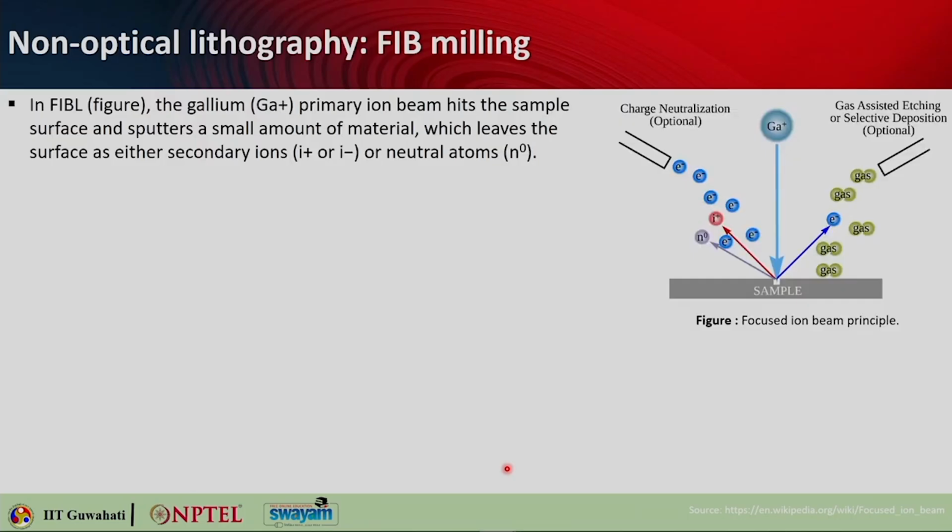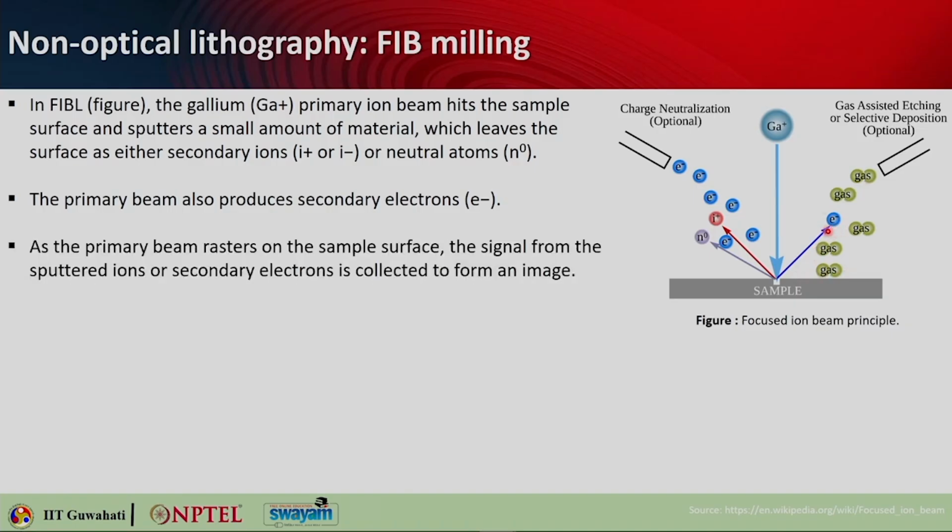So, this is how the process looks. In focused ion beam lithography, the gallium ion, which is basically the primary ion beam, hits the sample surface and sputters a small amount of material. You can see this material leaves the surface either in the form of secondary ions, which can be positive or negative ions, or neutral atoms, and it can also produce secondary electrons like this.